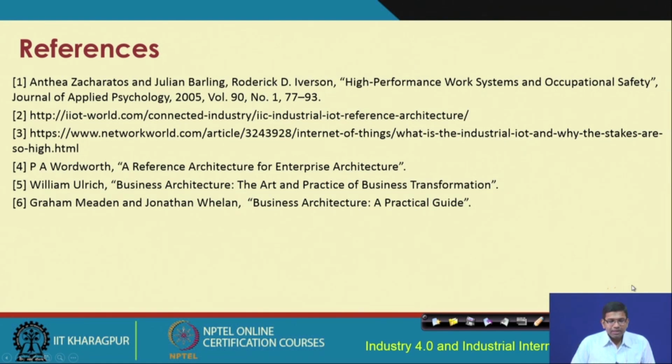So, with this we come to the end of the first part of the reference architecture. So, we have seen that this IIRA reference architecture is sort of like a de facto kind of standard being used for the implementation of IIoT in the industries, and this connects well with the business model of this particular unit.